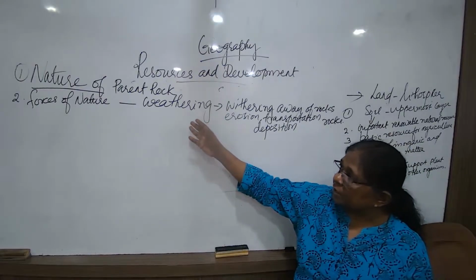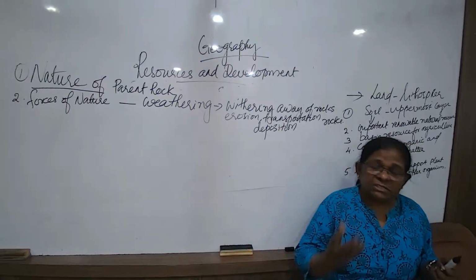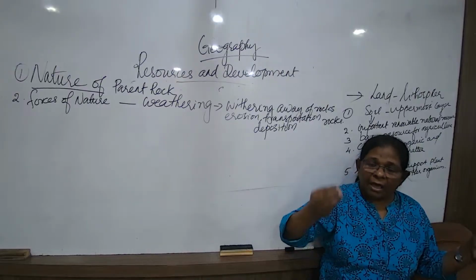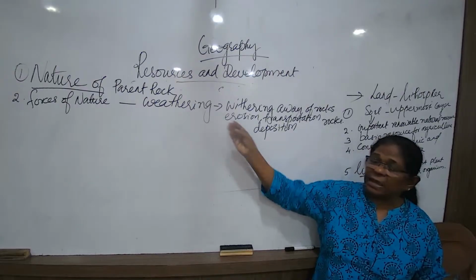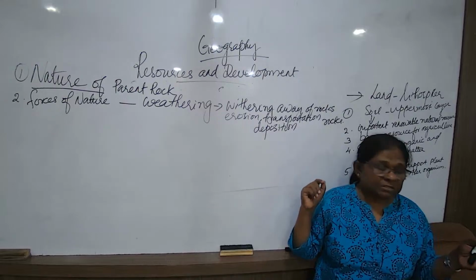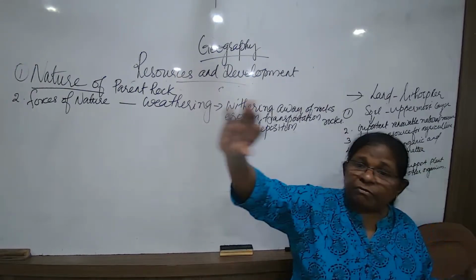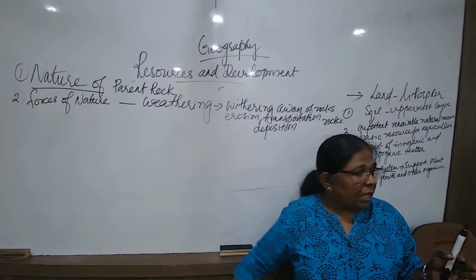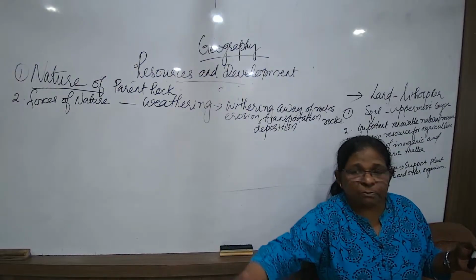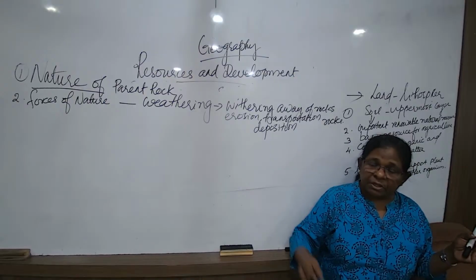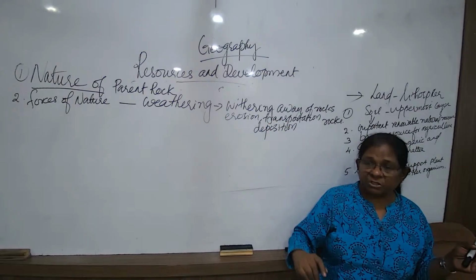Those are the forces of nature. That is the withering away of the rock, the breaking of the rock, and the finer particles are carried by these agents. So one is that it erodes from one place. Now it is transported by water bodies or the rivers and others, and it gets deposited.